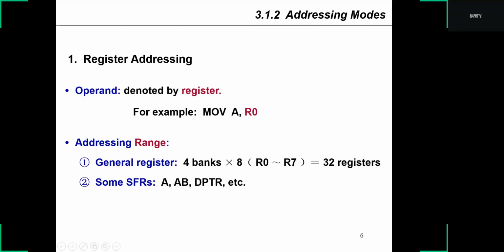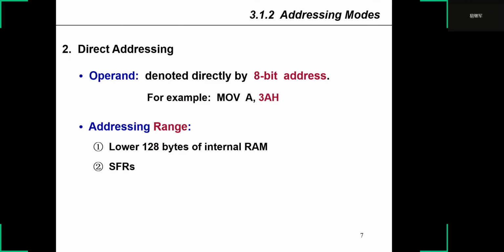This is register addressing. Direct addressing means we just use the address as the operand.